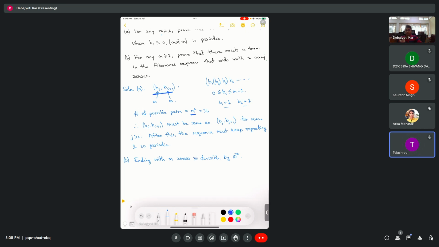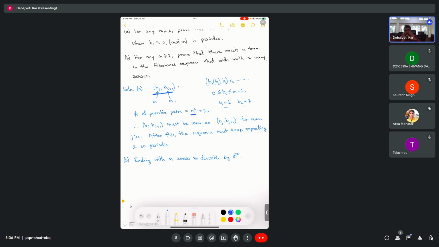Okay, so if you are taking these pairs, the number of possible pairs is m square, which is finite. But this sequence is an infinite sequence, right? We have first b1 b2, then b2 b3, b3 b4, b4 b5 and so on. It's an infinite sequence, but the number of possible terms in this sequence is only m square.